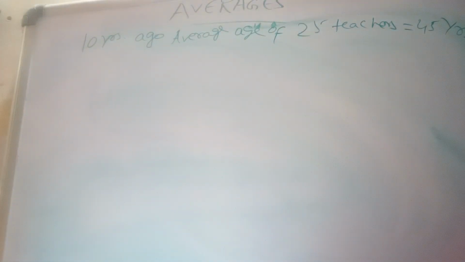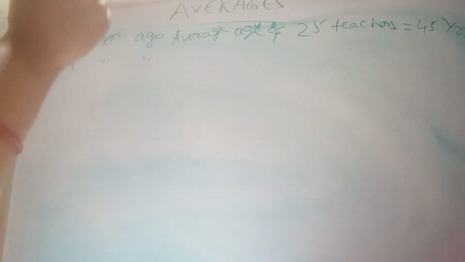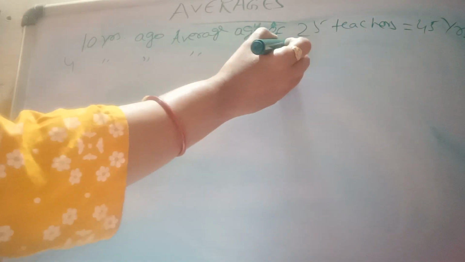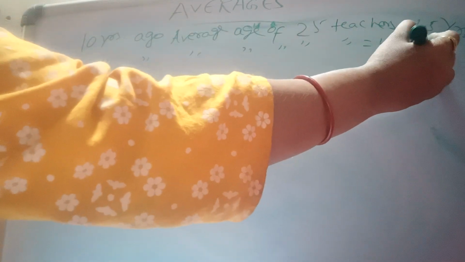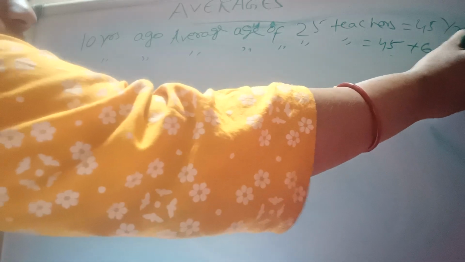Okay. 4 years ago, just before the retirement of the principal, average age of 25 teachers equals to 45 plus 6 equals to 51 years.